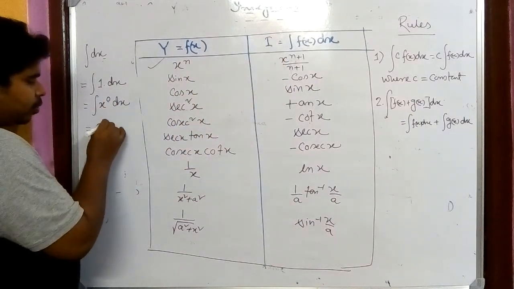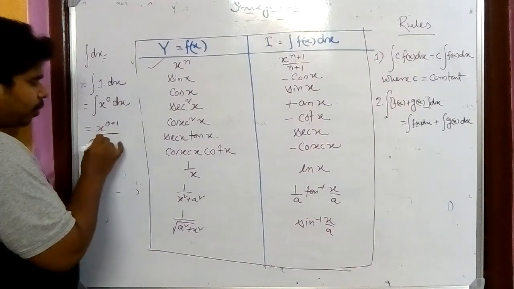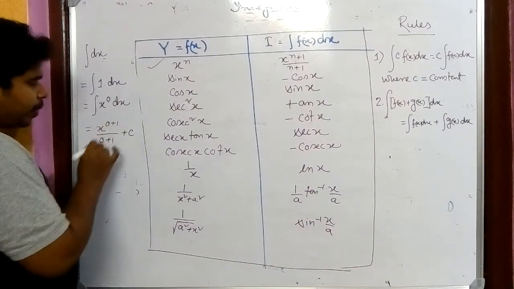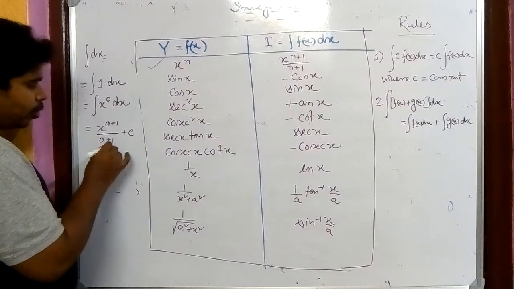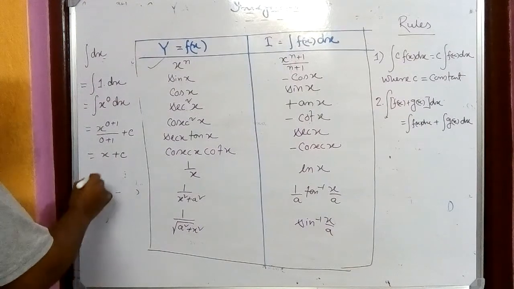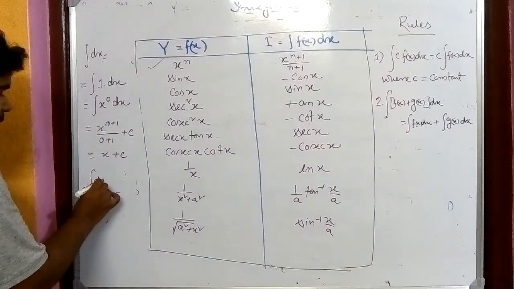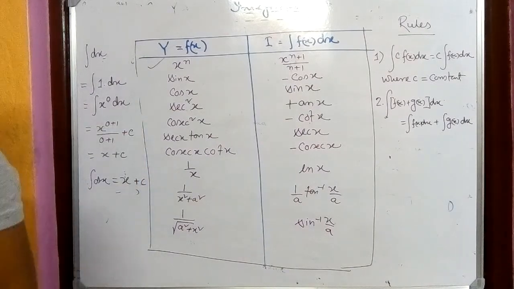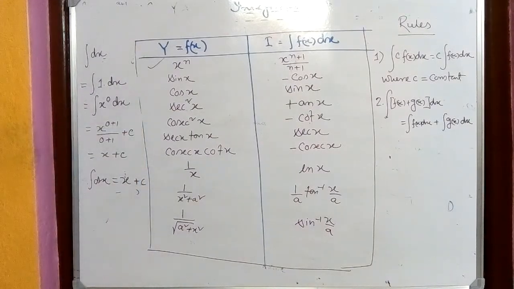Then x to the power 0 plus 1 by 0 plus 1, plus c. 0 plus 1 means x, 0 plus 1 means 1. So x plus c. We have to remember, integration of dx equals x plus c. Okay, I think it is proved.